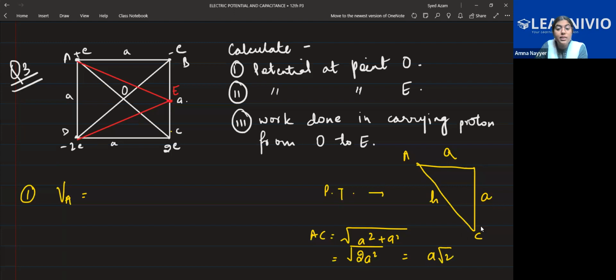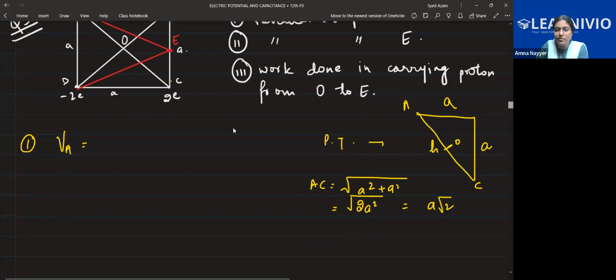But A root 2 is the complete diagonal. Do I need the complete diagonal? No. We need half of it, till this point O, because we have to calculate it at the center only. If I had to calculate it at one of the vertices, then I required the full diagonal. So AO, OB, OC, OD are required. So I'll just halve it.